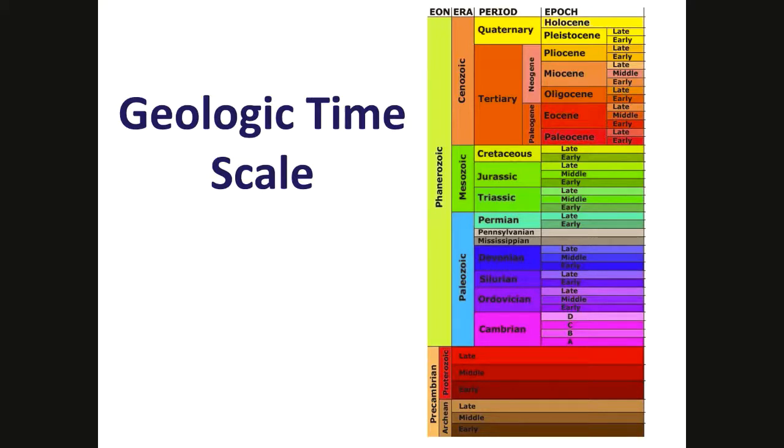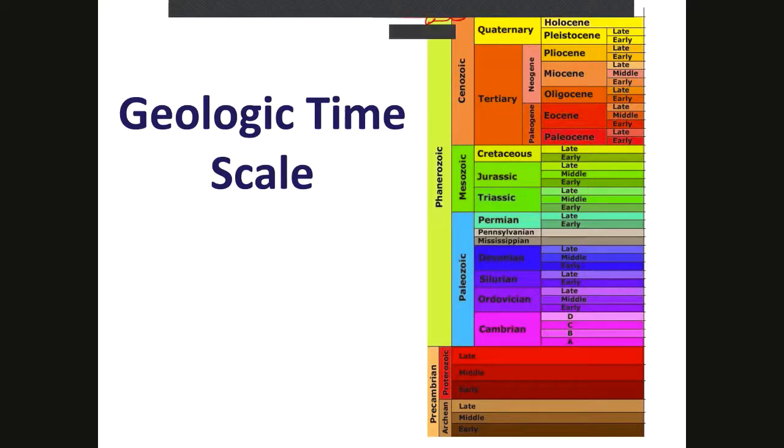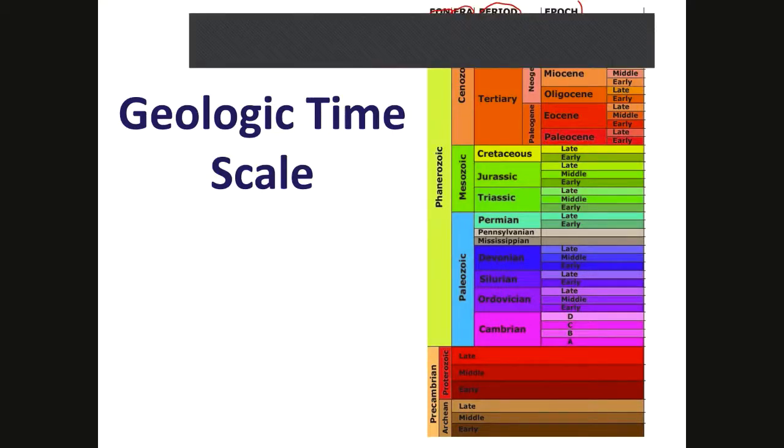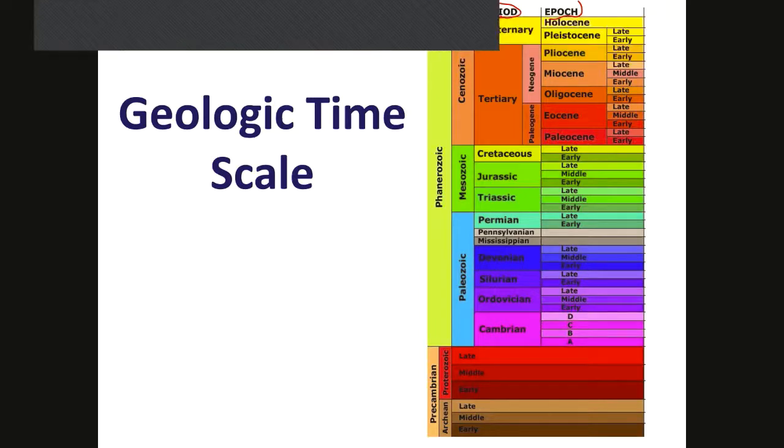You see how it's organized by eons, and then eras, periods, and then epochs. You'll notice that there's more detail. Oh, I should say that this is present day right here.